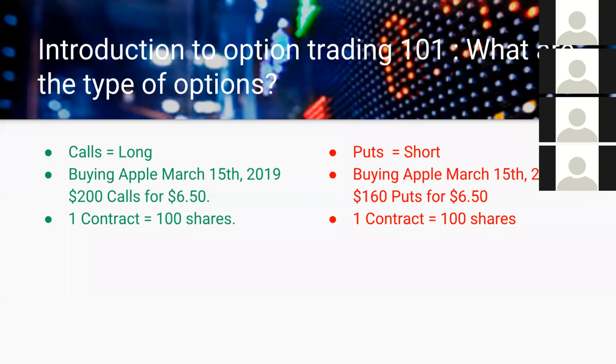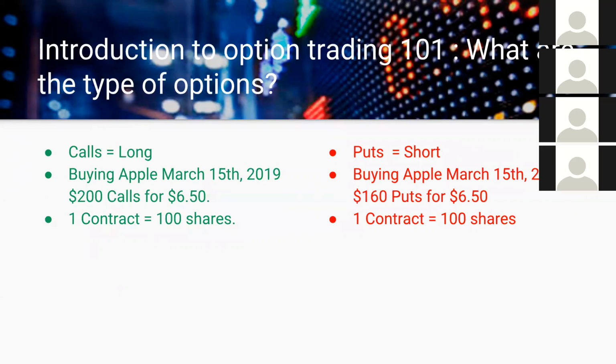If the stock of Apple at the day of expiration goes to 140, for example, same thing as before, your option will be worth $20, which is pretty much 160 minus 140 equals 20, which also represents a gain of over 200%. If the stock is above $160 on expiration and you still didn't sell the option prior to the expiration, your option will be worthless and you'll also lose your entire investment.